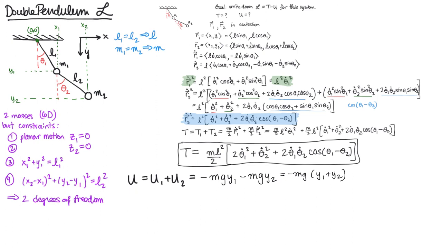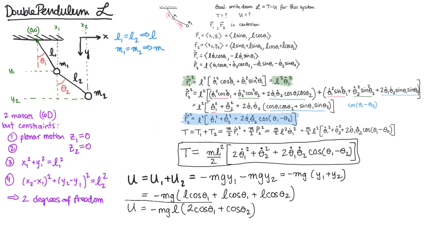But we know that y1 is L cosine theta 1, and y2 has a similar expression. So we can write this as minus m g L cos theta 1 plus L cos theta 1 added to L cos theta 2. So this gets simplified to minus m g, factor out that L. We have 2 cosines of theta 1 and 1 cosine of theta 2. And that is our potential.